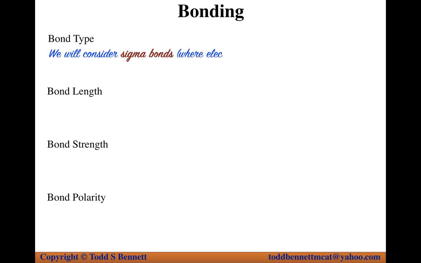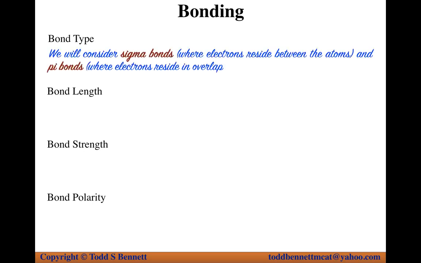But for our purposes, we're going to consider sigma bonds to be covalent because it's organic chemistry. We're going to focus strictly on covalent, and we're going to distinguish sigma bonds, where electron density resides between the two nuclei, and pi bonds, where electrons are in overlapping p orbitals, in horizontal and vertical versions.